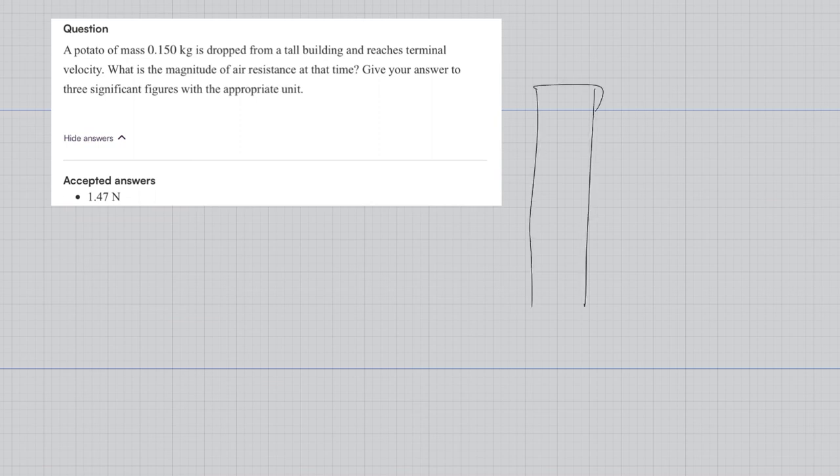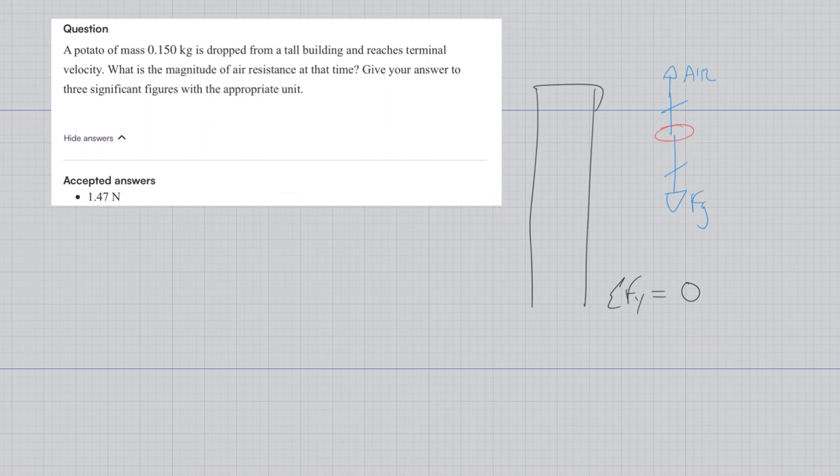and we have our potato that's thrown off of our building, there are going to be two forces that are acting on it when it reaches terminal velocity. Our force of gravity and our air resistance. Those two forces have to be the same based on the idea that the sum of the forces in the y direction must be 0 as long as it has reached terminal velocity.